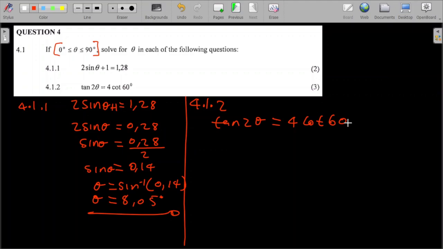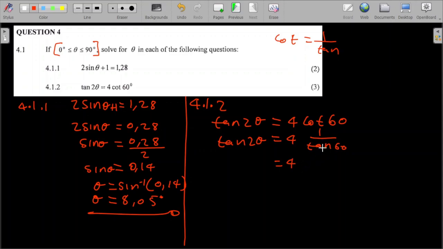Based on the information that you learned in grade 10, cot is 1 over tan. So they gave us 4 into 1 all over tan 60, which is cot. And this is my tan 2 theta.